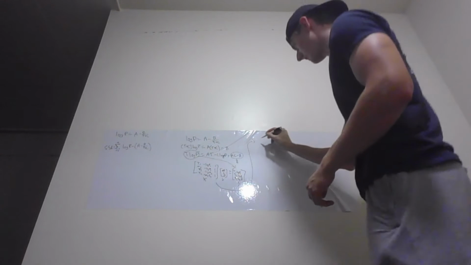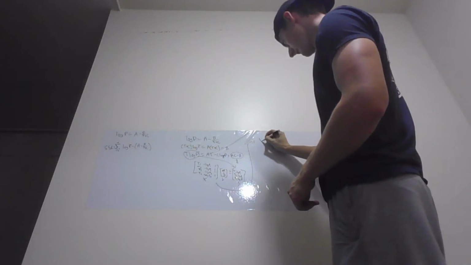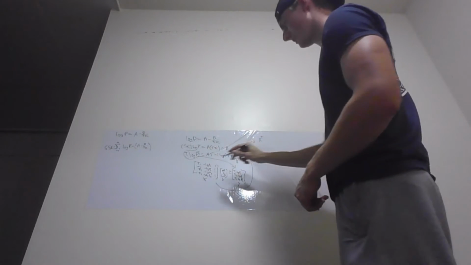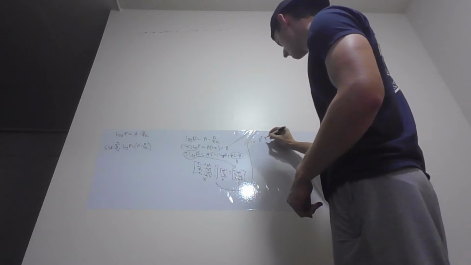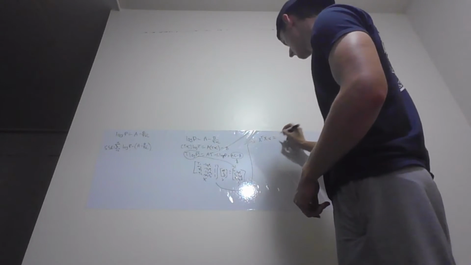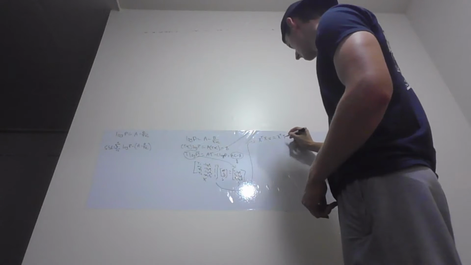It's a little bit easier for you to write. We're going to multiply each side by x transpose, so x transpose times x times v is equal to x transpose times y.